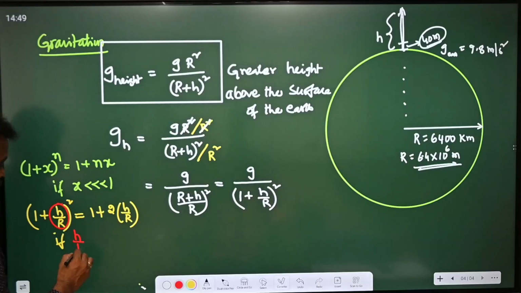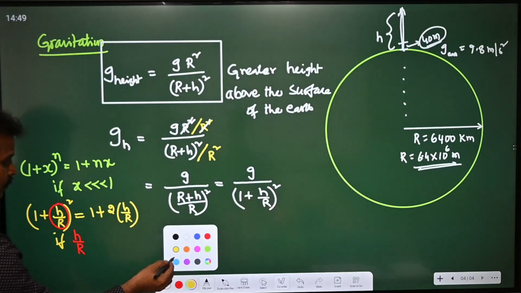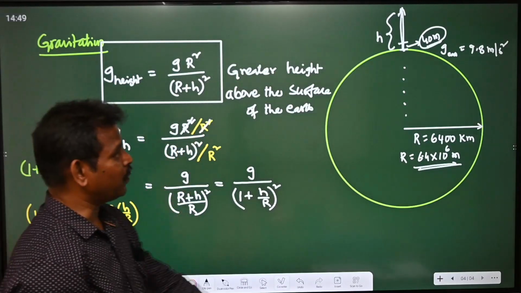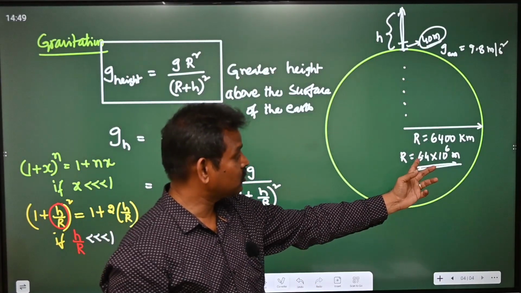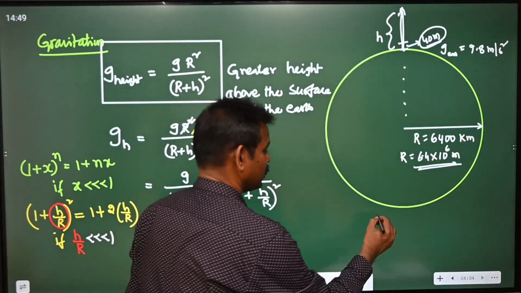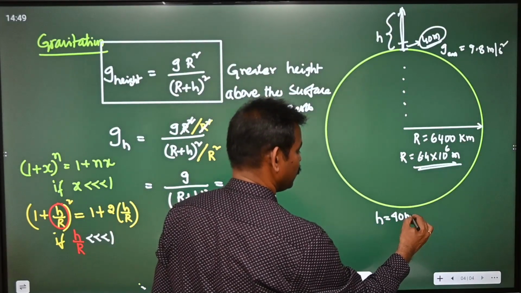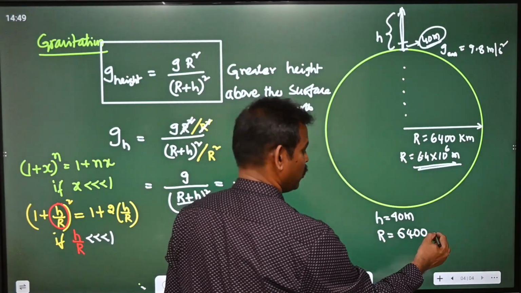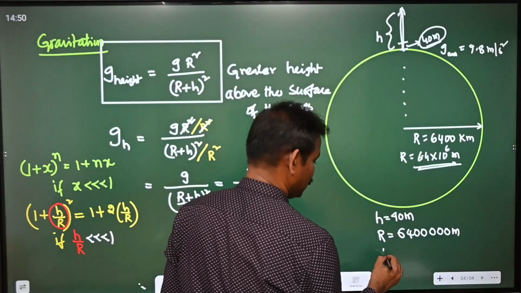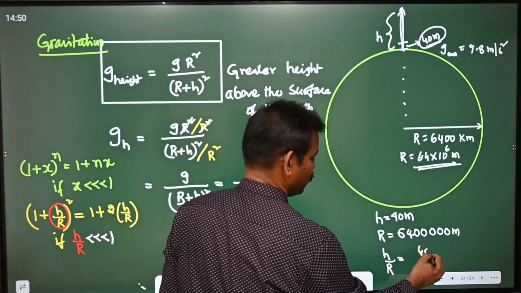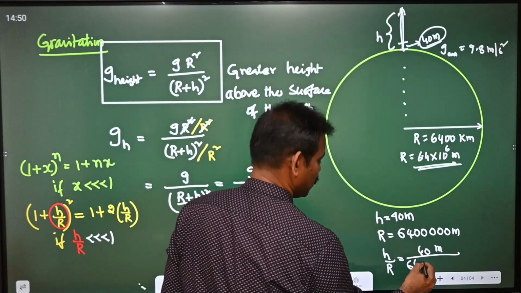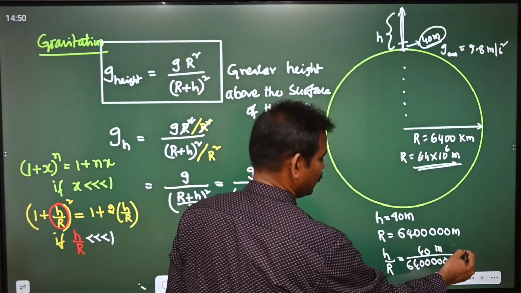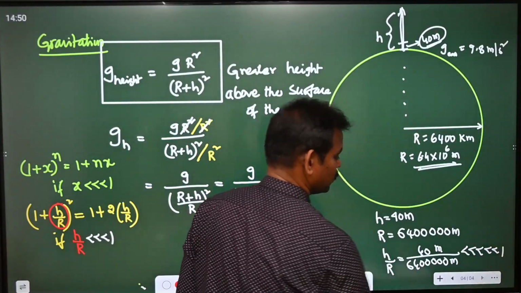So here h by R should be much smaller than 1. Yes, as height is very small, 40 meters, and radius is 6400 kilometers. So let us say h is given as 40 meters, radius is 6400 kilo, means another 3 zeros, meters. Then what is h by R? This is 40 meters, this is 6400 kilometers. Then this value will be much smaller than 1.